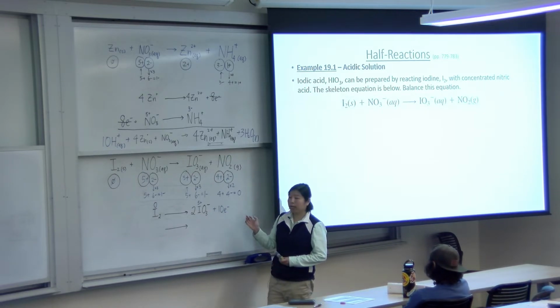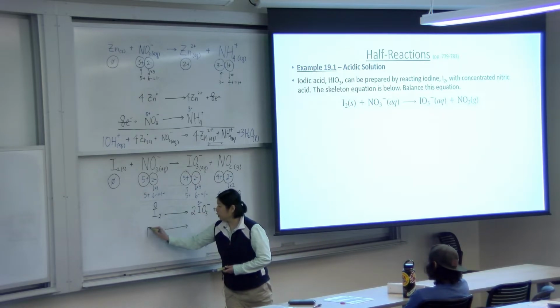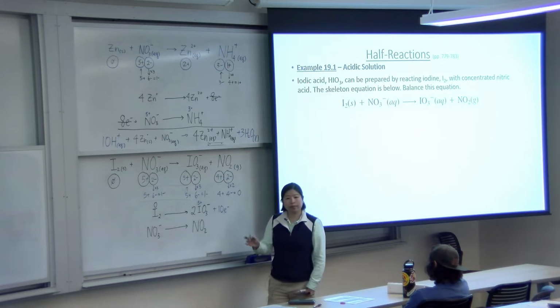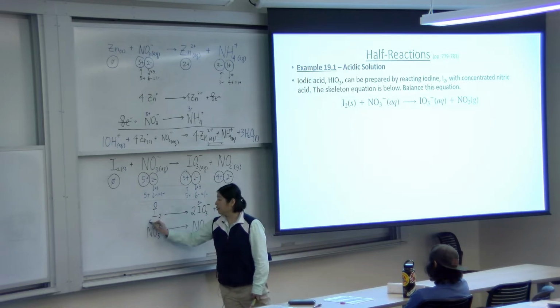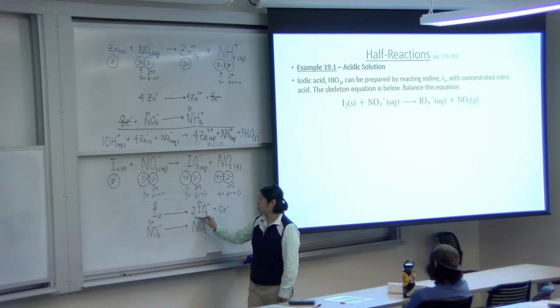What else is being changed? We're going to bring down our nitrogen, or actually the whole nitrate ion. And it becomes NO2 in this particular case. Now there's just 1 nitrogen and 1 nitrogen here, so that makes things simple. This nitrogen is 5 plus. This nitrogen is 4 plus. This math is super simple.